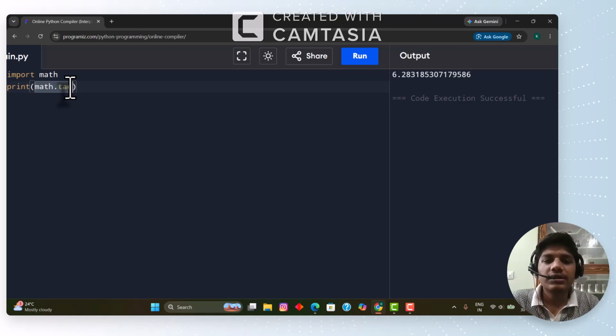But inside the power, we have to give only two, because there are only two arguments, that are base and exponent. But for square root, ceil, or floor, you have to give only one argument.